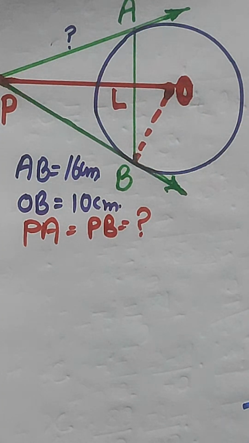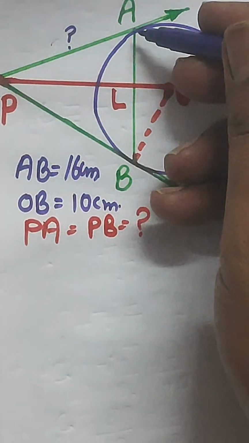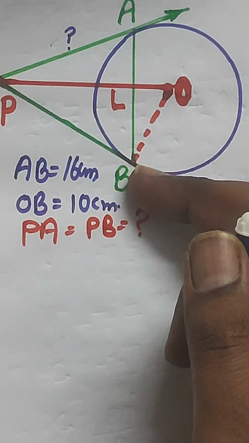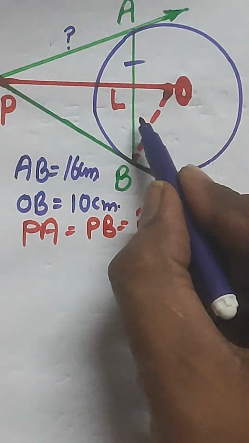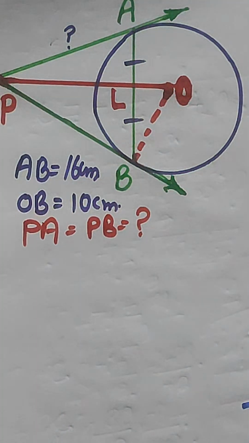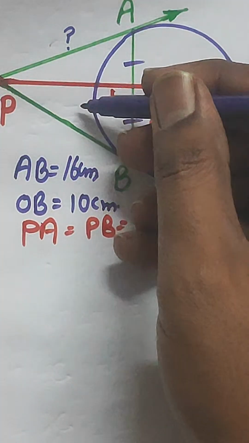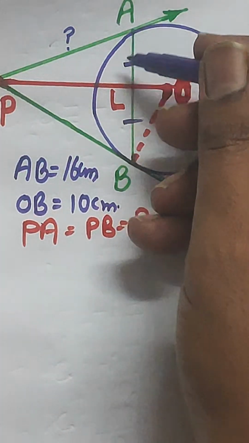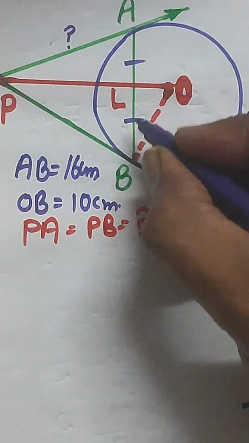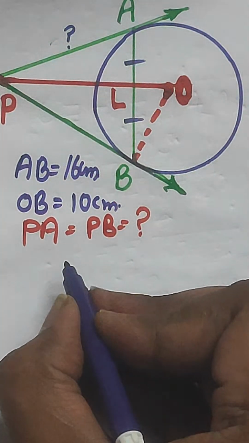Now you can easily prove that if AB is the length of the chord, which is equal to 16 centimeter, then from the center the line is going through, and you can show that these two triangles PLA and PLB are congruent. So we can say that AL equal to BL, right?